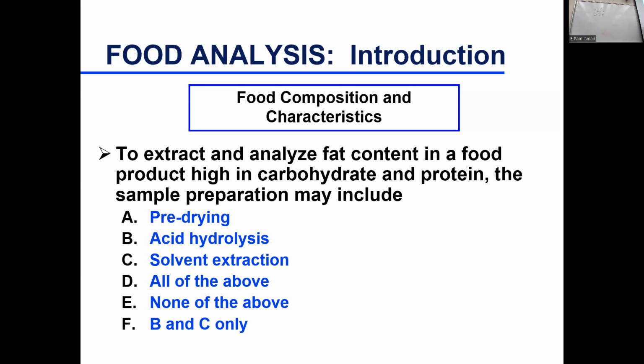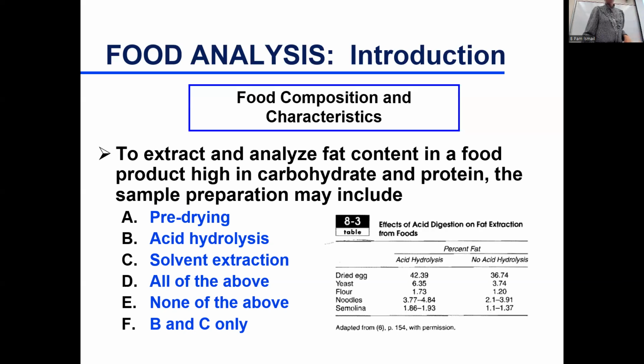Now, in this particular example, I said high in carbohydrate and protein. So if you have a matrix that is complex, high carbohydrate, high protein, fat will be entrapped in this matrix. So if you hydrolyze by acid, you can break down the carbohydrate and protein and release the fat for easier solvent extraction.